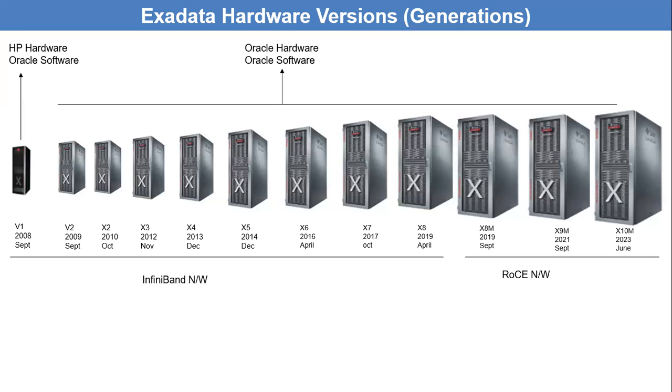It is 2.5 times faster compared to InfiniBand. InfiniBand compared to Ethernet is 4 times faster. So that way, Oracle is always in the quest to use high performance components, highly performing technologies inside an Exadata system to give you the highest possible performance for your Oracle database.